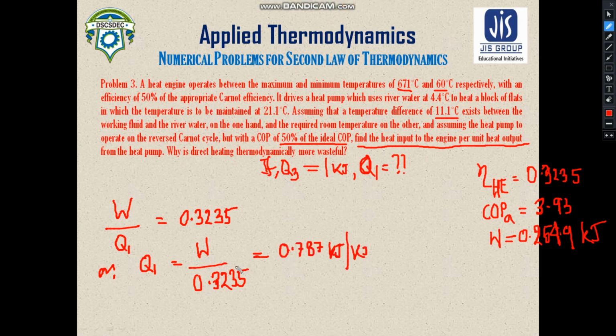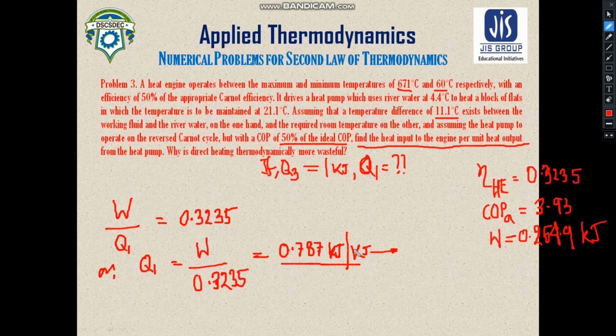So after the calculation, this is the value which we obtain. So this is our answer. That means per unit heat output from the heat pump, the heat input would be 0.787 kilojoule per kilojoule. So this refers to the per unit heat output, that is 1 kilojoule, and this is your heat input to the engine.